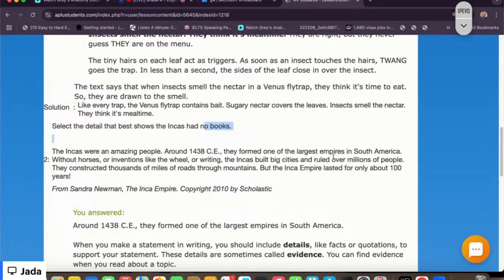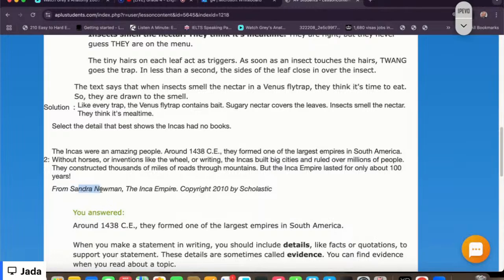They formed one of the largest empires in South America. Without horses or inventions like the wheel or writing, the Incas built big cities and ruled over millions of people. They constructed thousands of miles of roads through mountains, but the Incan Empire lasted for only about 100 years.